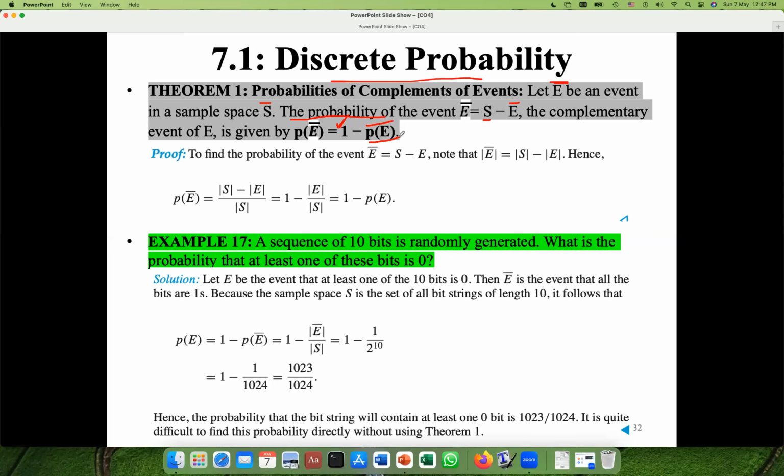For example, 0, 0.1, 0.2, 0.3, and so on, up to 1, and 0.7 is the event.